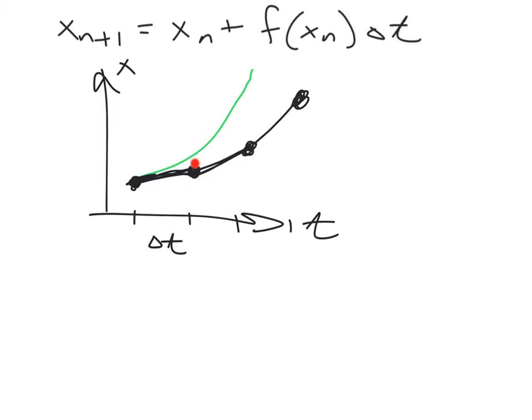But what are the sources of error? On an individual step, this point that we land at is not exactly on the solution curve, and so there's some error associated with the fact that delta t is finite instead of infinitesimal, and we have an error on an individual step. In addition, when we take a second step, we're starting from a point that's not actually on this solution curve.